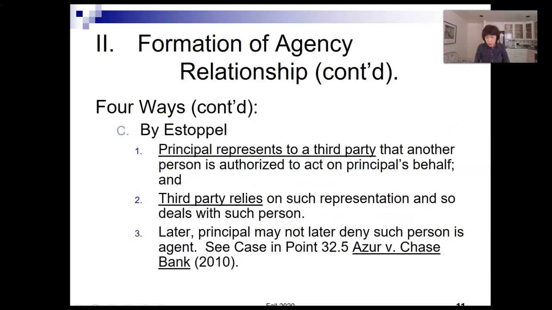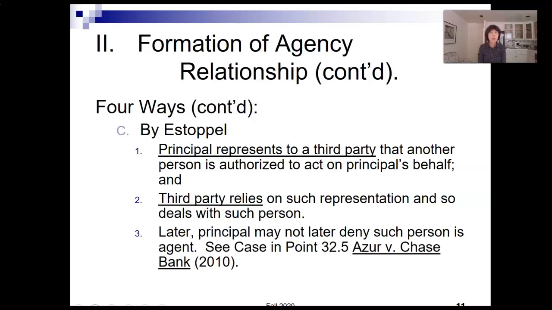All right, we're going to take a look at this third, or letter C, this third way of creating an agency, and this is by estoppel. All right, you recall the word estoppel. That indicates there will be some fraud. You're going to see some fraud in here somewhere. All right, so for an agency by estoppel, the principal represents or acts somehow.